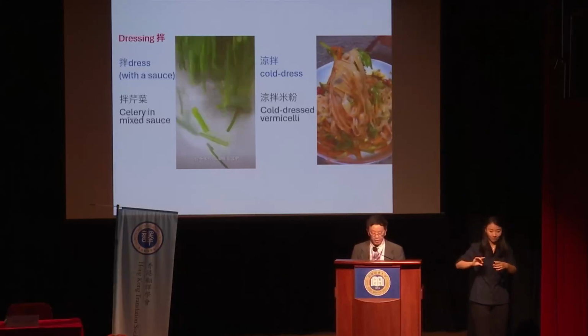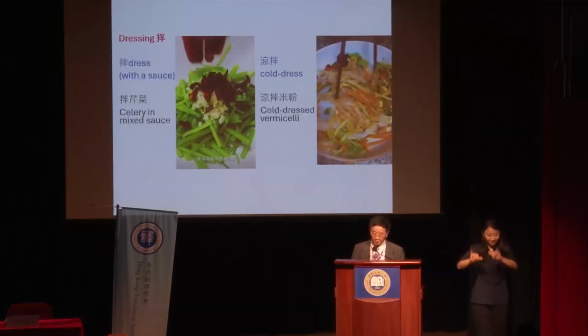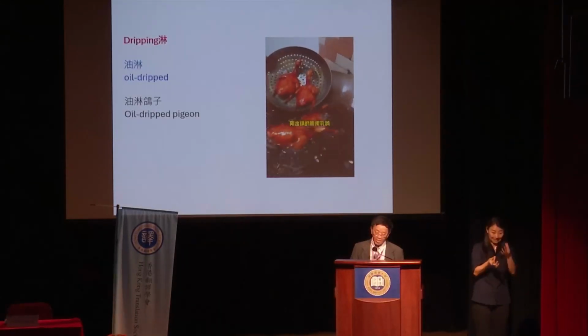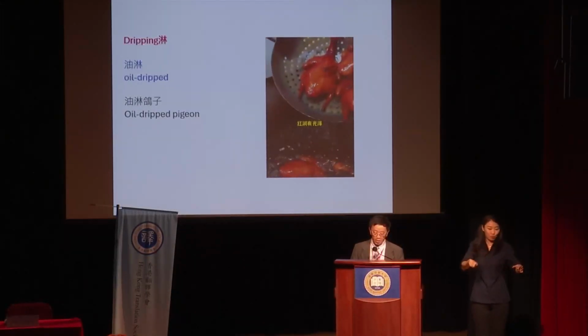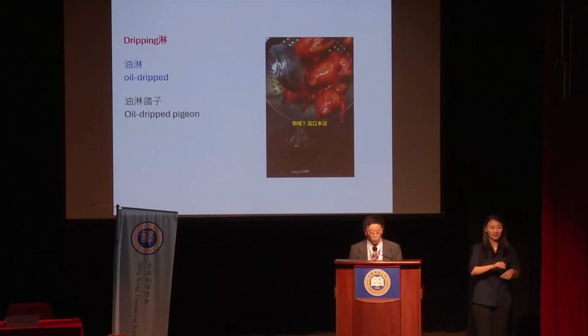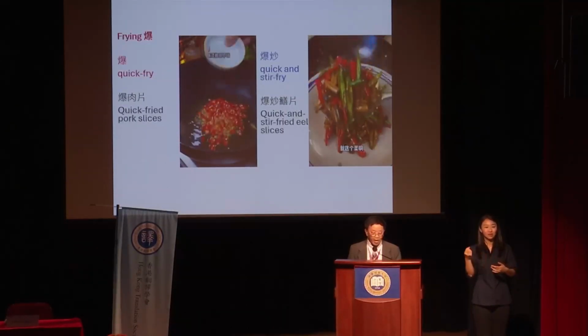Say 凉拌米粉, the cold dressed vermicelli. Okay. Also, you can 淋 something, 油淋, say 油淋格子, sorry, 格子. Okay, oil dripped pigeons, and then more to come is bao, flying.